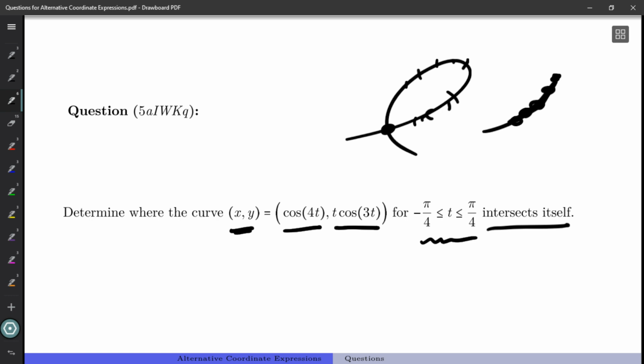Okay? So how do we tell if a curve intersects itself? Well, we use the same basic setup whether or not two curves intersect each other. Okay? At the point of intersection, the curves will both have the same x-coordinate and the same y-coordinate. Okay? But here we're using the same curve.